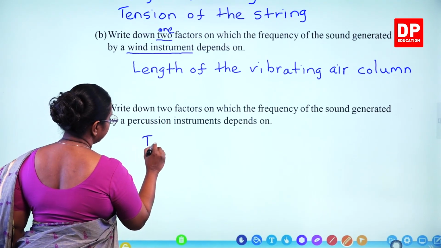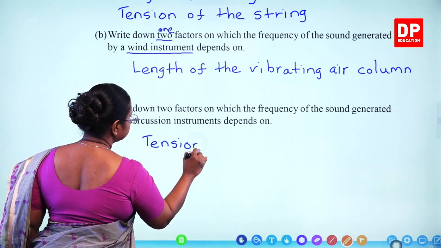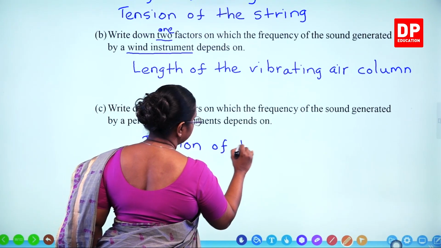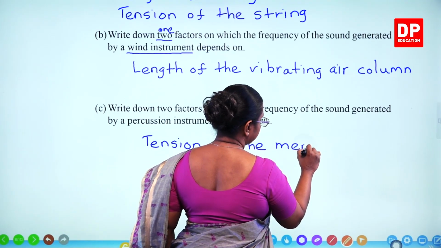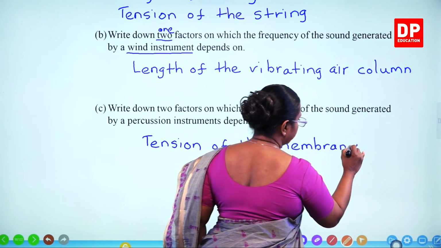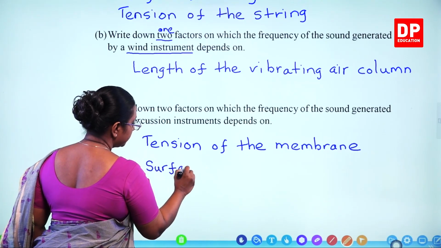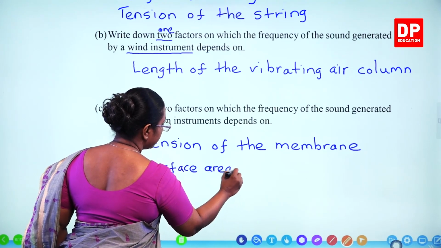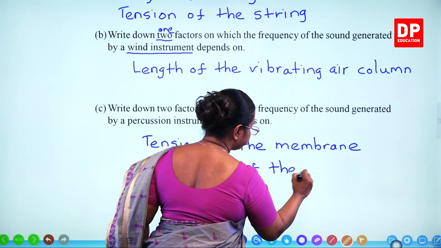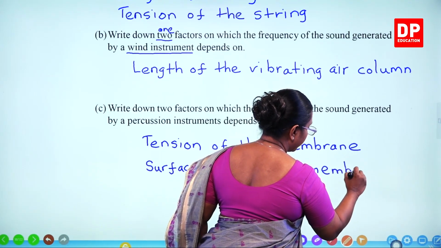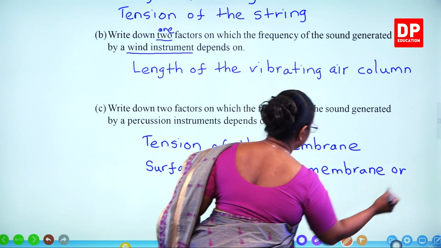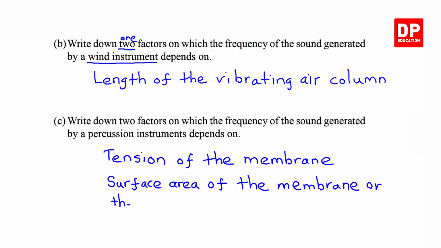Then I can say tension of the membrane, or it depends on the surface area of the membrane or the metal plate or rod.